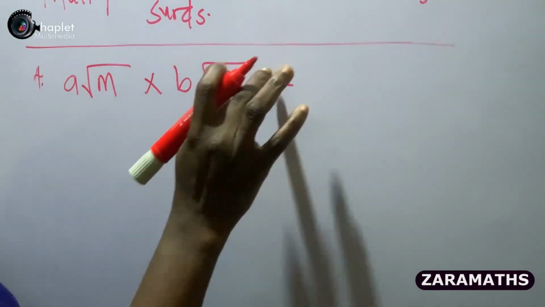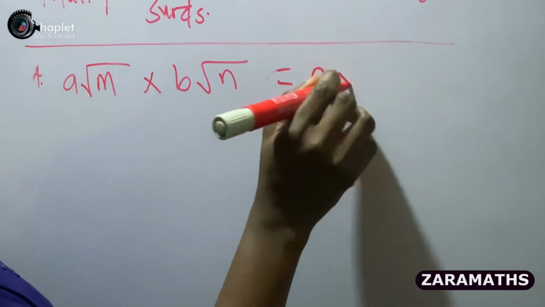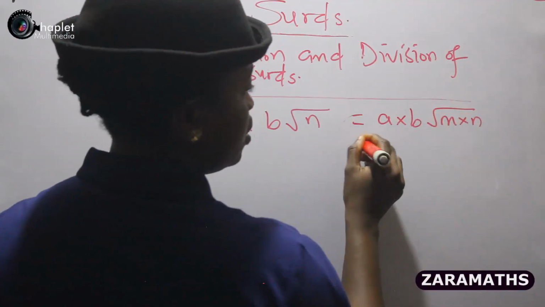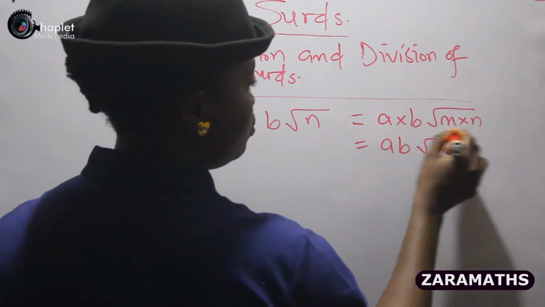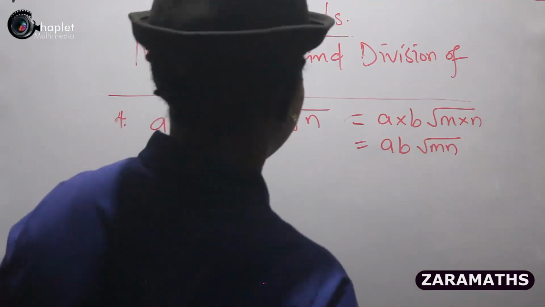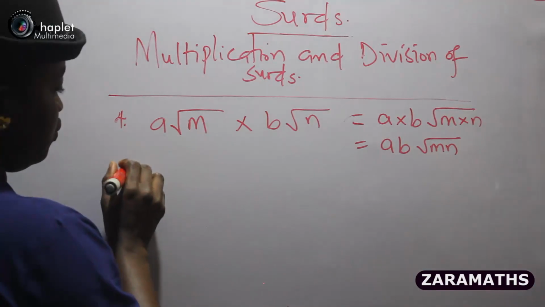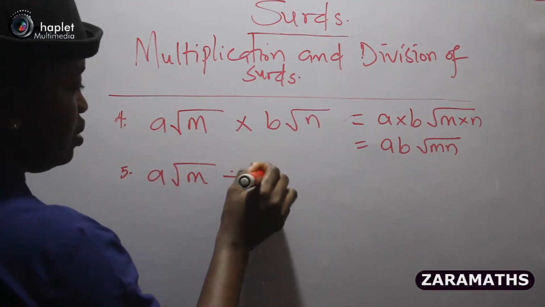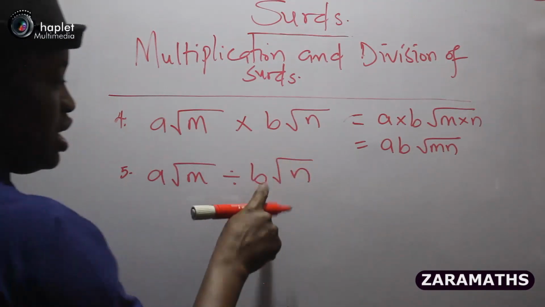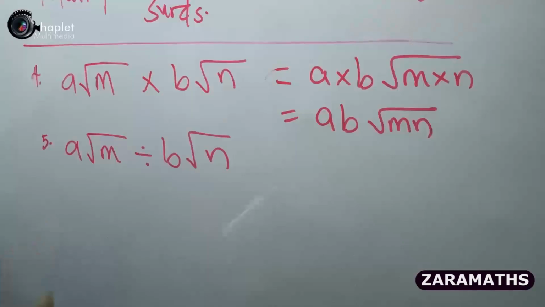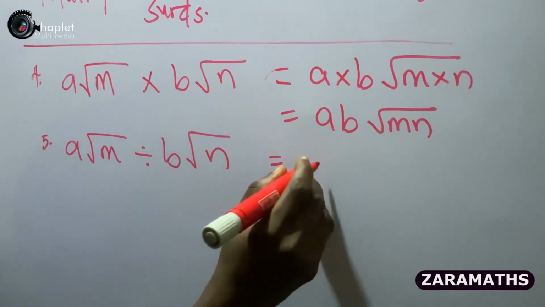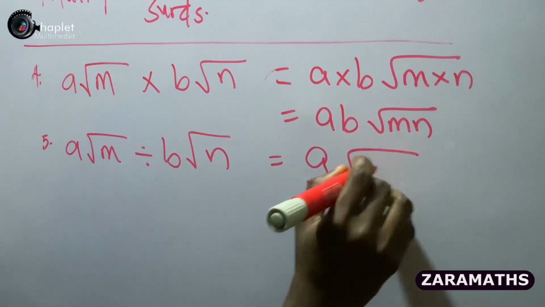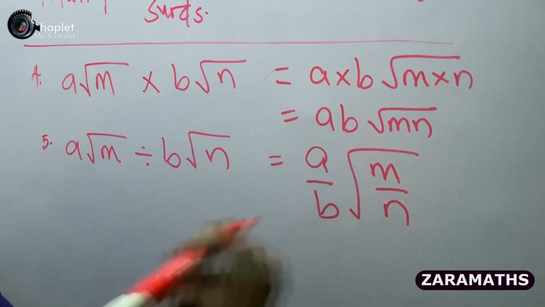That is a times b root m times n, to give us ab root mn. Likewise for the division, a root m divided by b root n. Here the coefficients are greater than 1, so this becomes a over b root m over n.